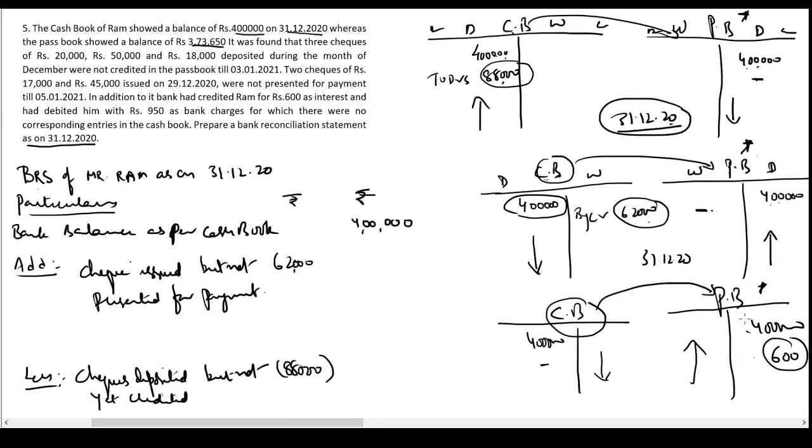Because of this entry, passbook is showing a higher balance. So if I add this amount in the cash book, then it will become equal to the passbook. Interest credited in passbook, not recorded in cash book.